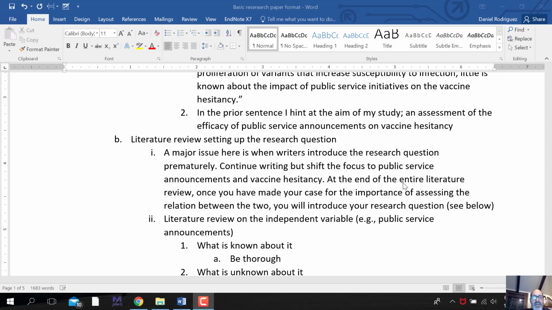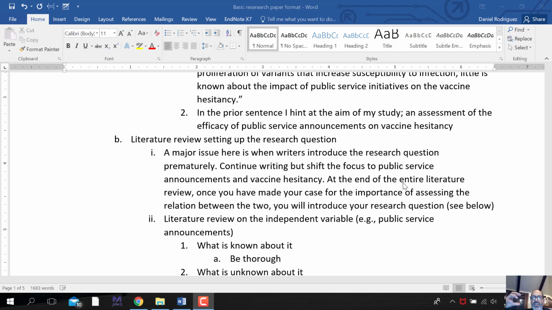So you'll see this below. What I'm talking about here is that there's a tendency for a lot of students to want to meet the requirements of the assignment to get a good grade, so they misinterpret what is needed. The research question does not come essentially till the end of the entire introduction section.